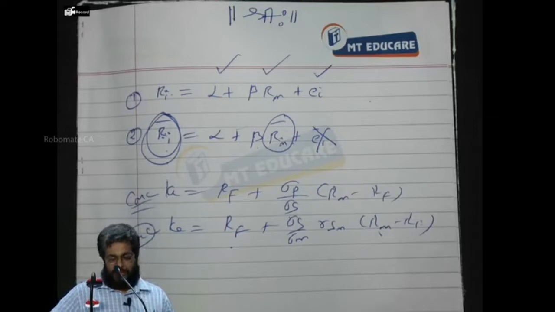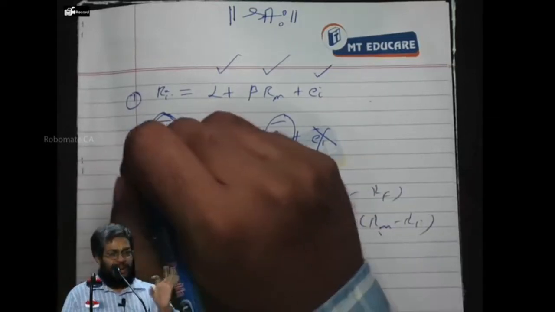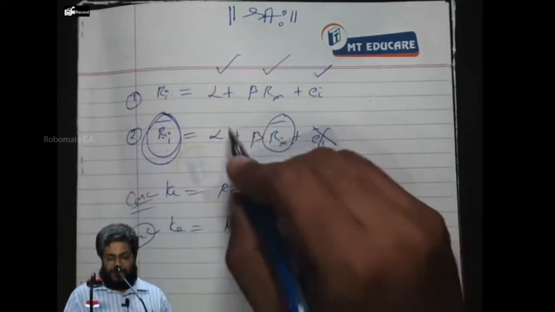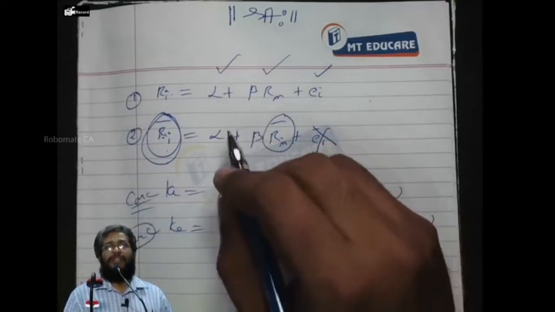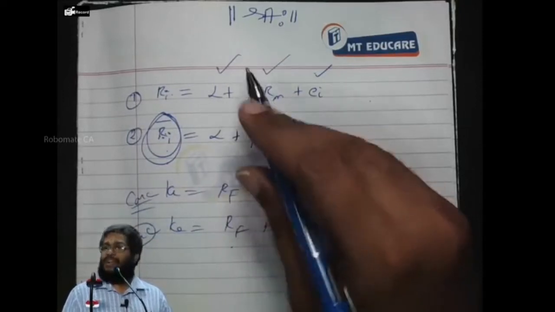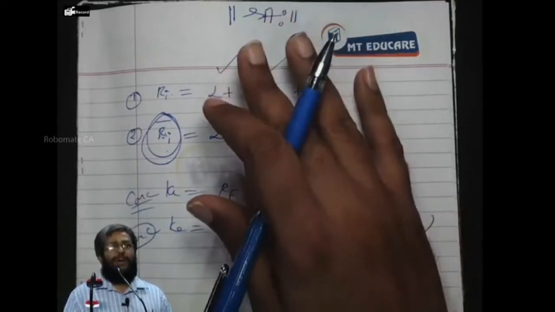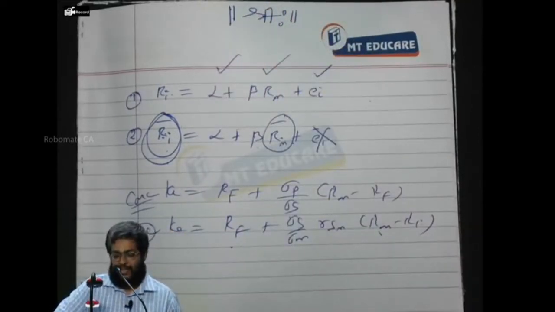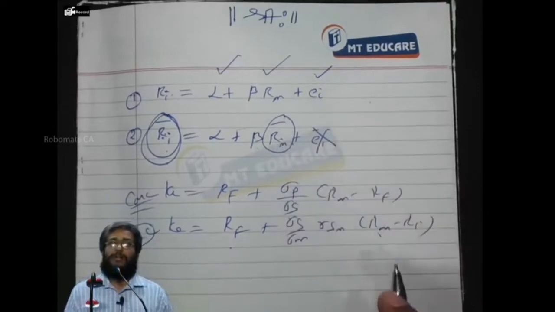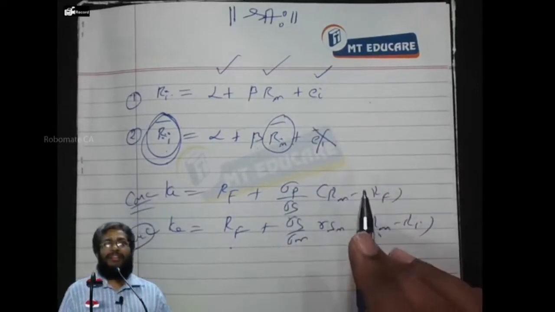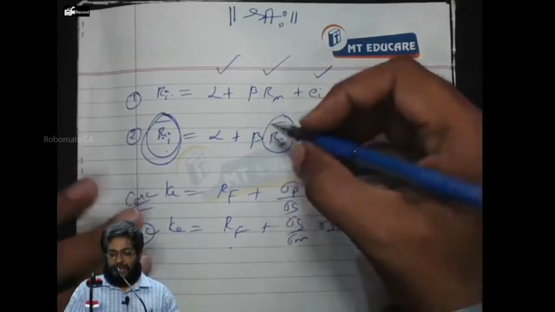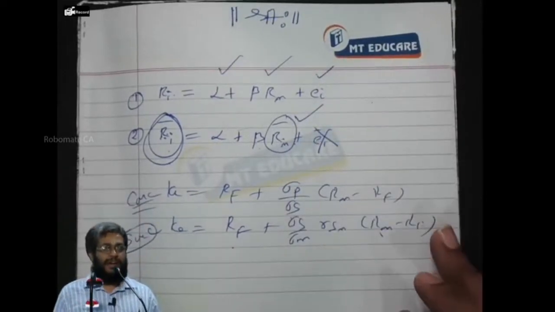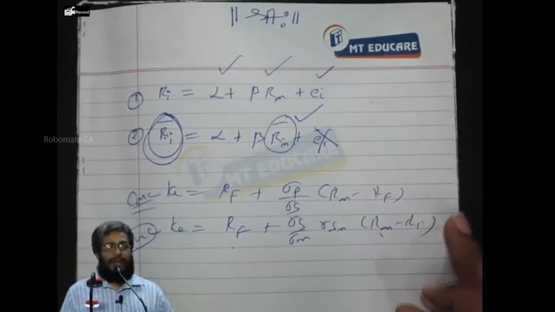RI bar is equal to, the bar represents what? Average. RI bar is equal to alpha plus, tell me why I don't write alpha bar here? Alpha is a constant, no? RI bar is equal to alpha plus beta RM bar.